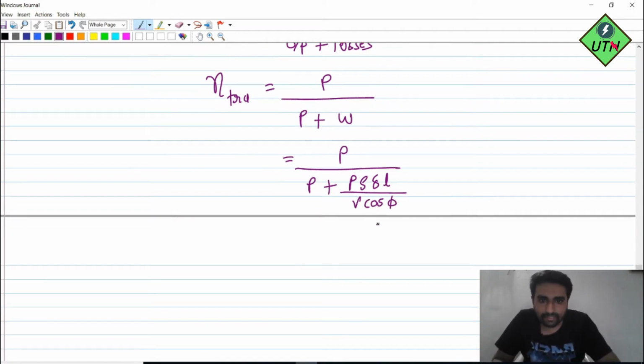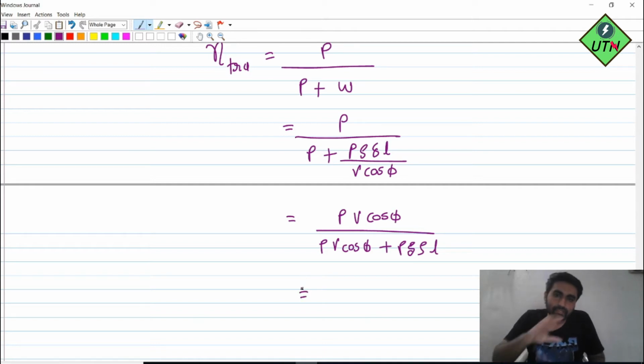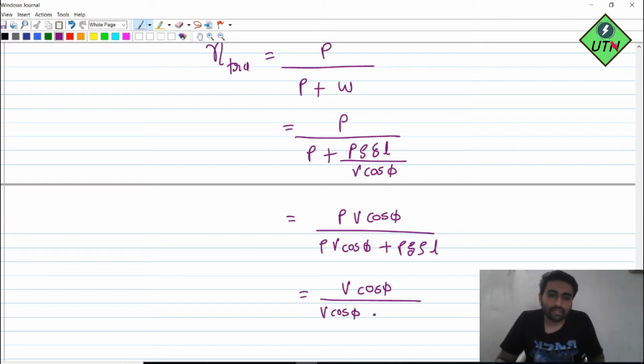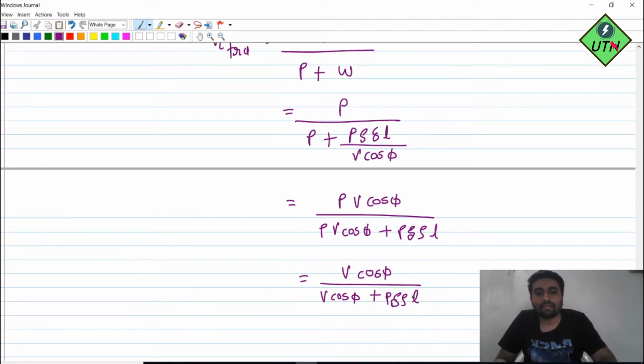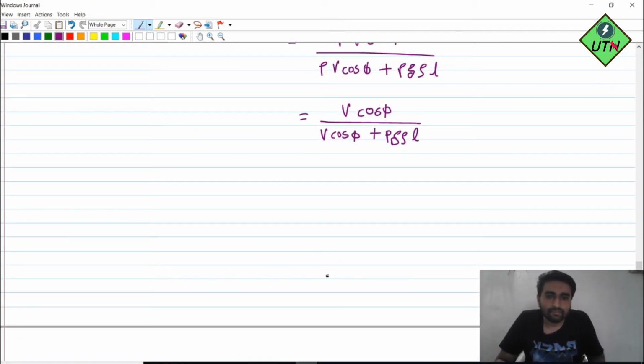And if we simply take the LCM over here, then it is going to be P into V cos phi divided by P V cos phi plus P rho delta into L. And if we take the P common, it will be V cos phi divided by V cos phi plus P rho delta L. Now if we simplify this equation further, then finally we will end up with this equation: 1 minus P into delta into L divided by V cos phi.